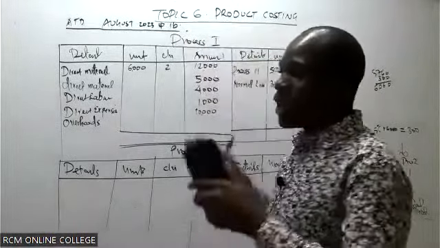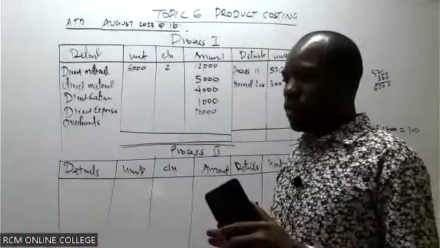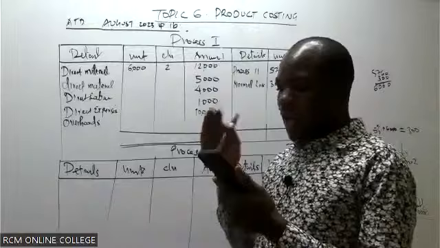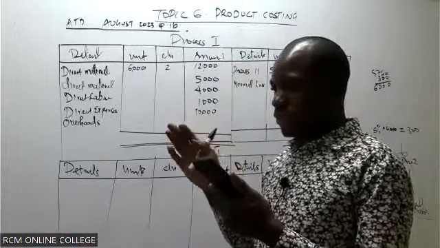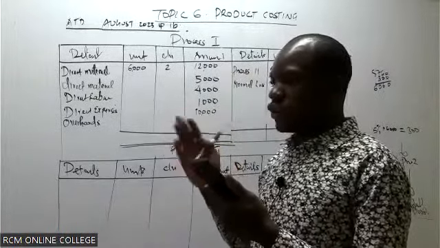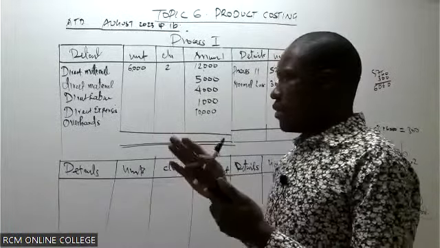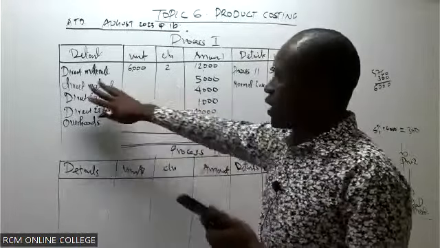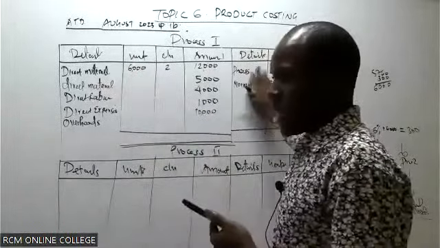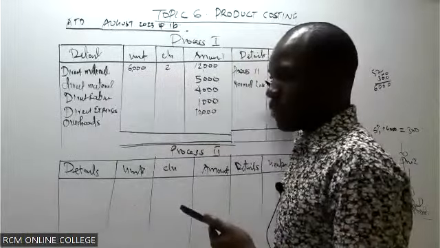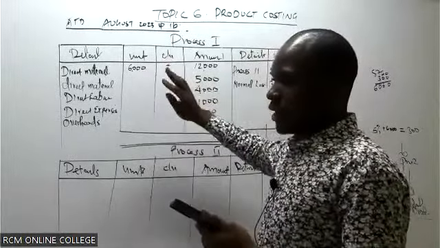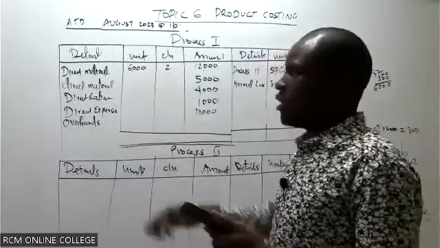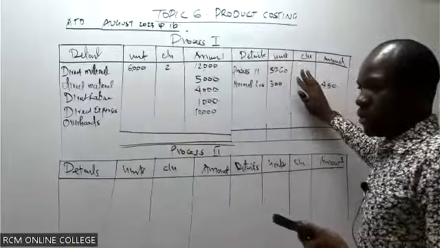In process 1, we are done with it. 5760 is given there in the question. Look at outputs of process 1. Before we go to whatever is balancing or not balancing, tunaelewa hii part yote sasa. Are we understanding something here? Iko sawa. There's something that I've not explained which will help you understand what is going on. Are we okay with this part first of all?